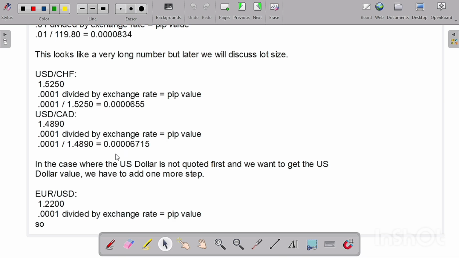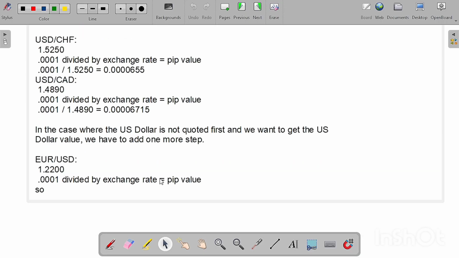So we are on another phase. In cases where the dollar is not quoted first and we want to get the US dollar value, we have to add one more step. You have seen that when the dollar is the base currency, we haven't added anything. It's just the place value divided by the exchange rate, and we get our pip value.